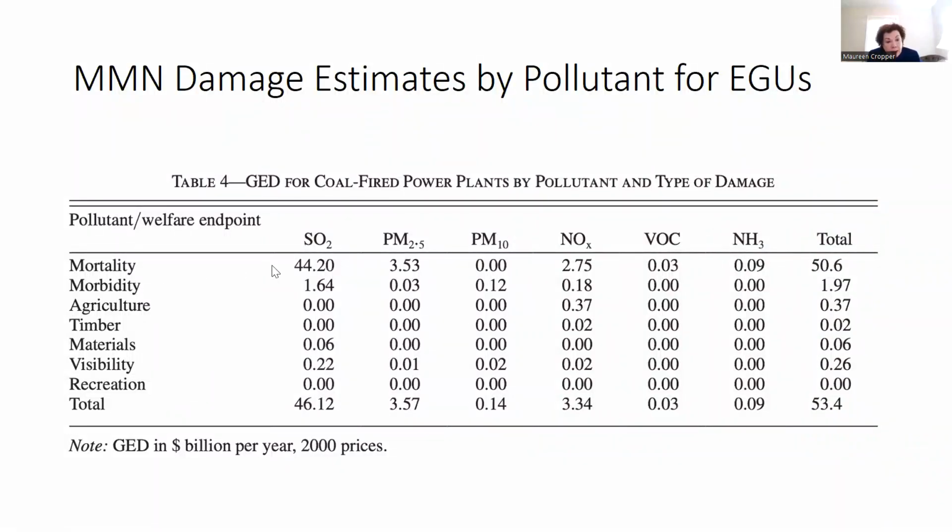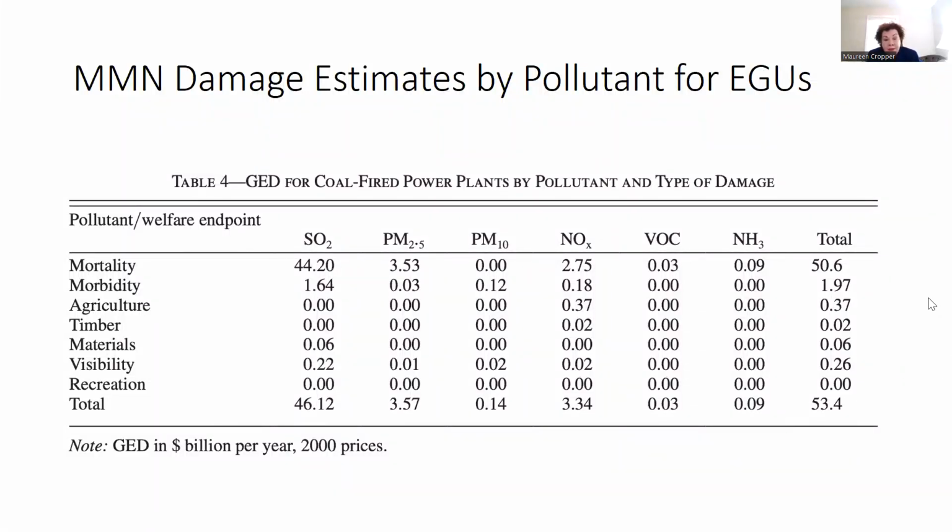So the mortality impacts of those SO2 emissions were valued here at $44 billion, and they contribute more to premature mortality than any other pollutant. It's also the case, if you look at the different categories of damages, and we can also go to the last column here, premature mortality is overwhelmingly the largest category.